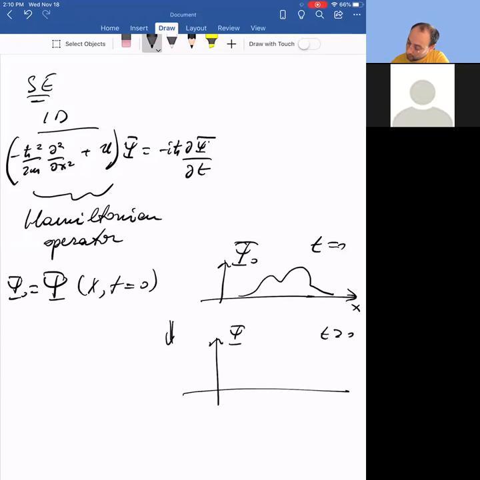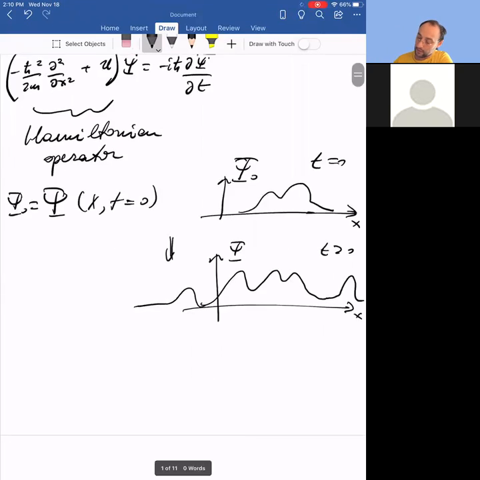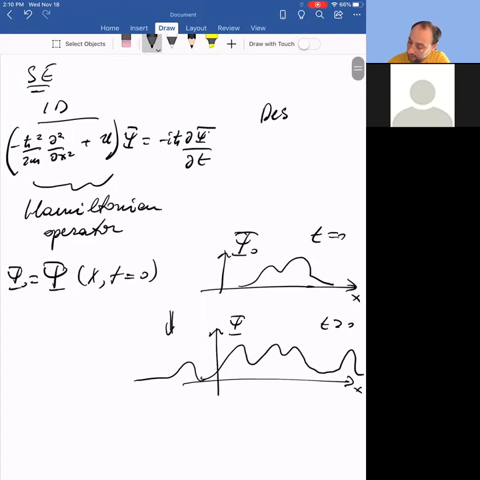The wave function generally evolves in some way, right? It evolves, might acquire new things, new wiggles, might spread out, and so on. So it really describes the evolution of the wave function.